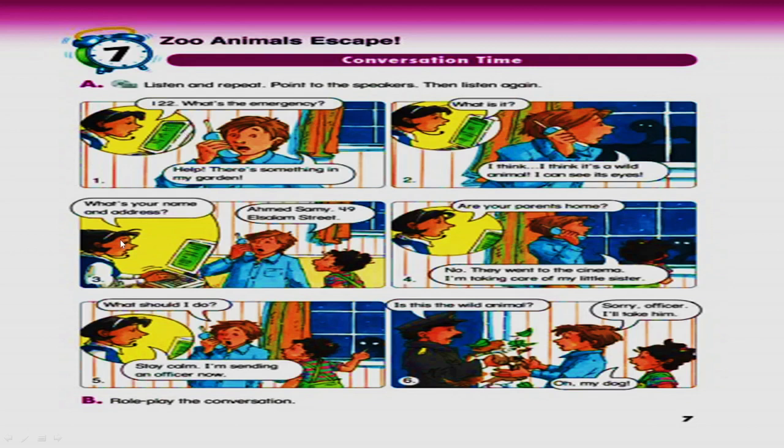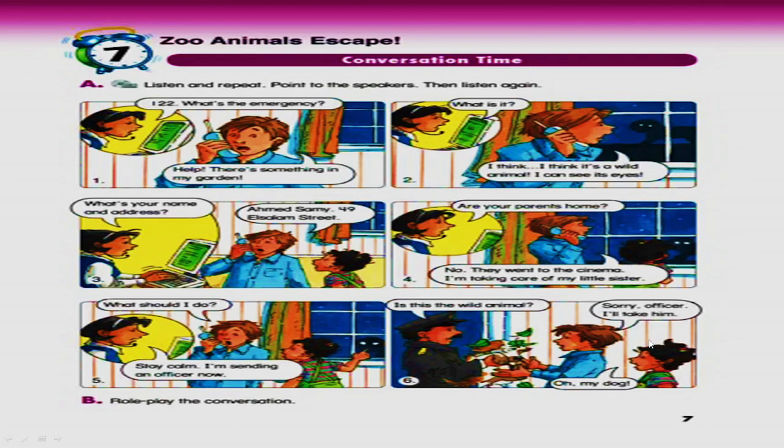The operator asked Ahmed some questions about his name and where he lived. Then she asked him to stay calm and not to do anything. She would send an officer, and when the officer reached Ahmed's house, they all found out that it was his sister's dog. There was no wild animal.